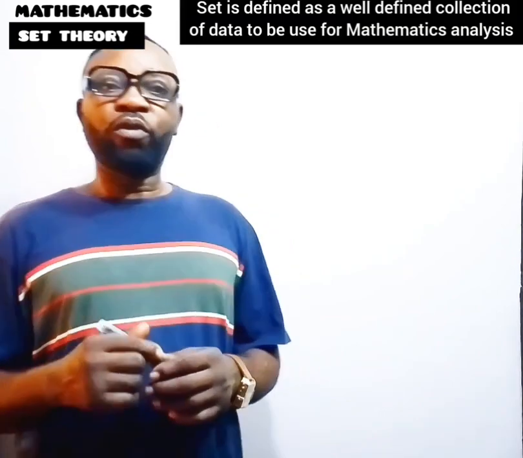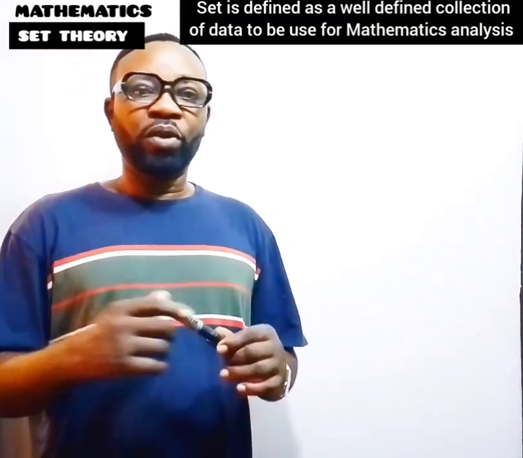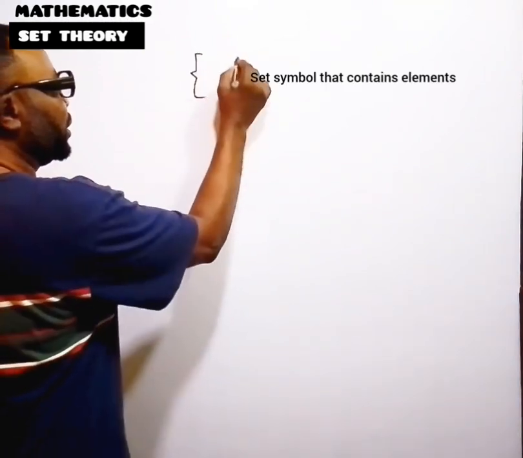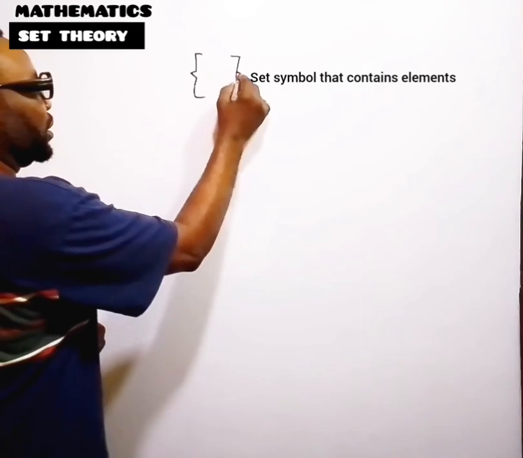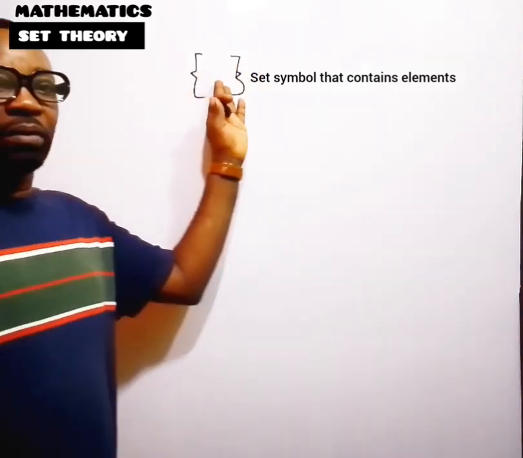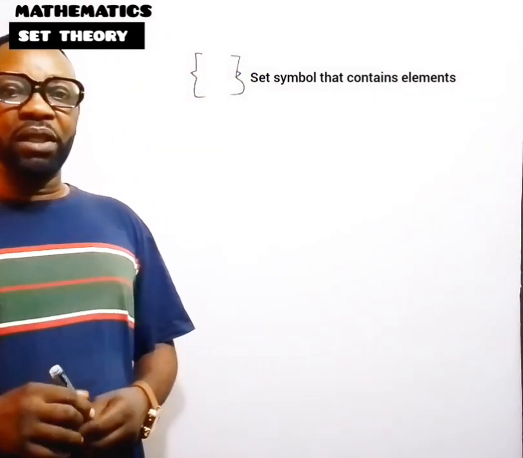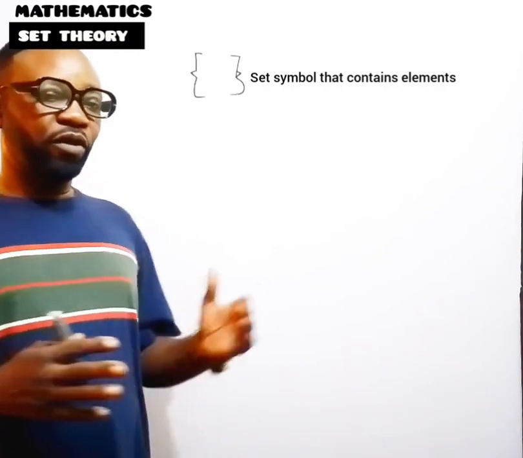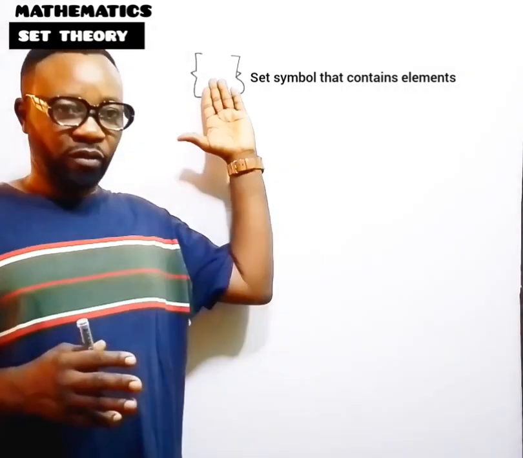In other words, for you to identify a set, you have to use this symbol to represent your set. This is the symbol you use in representing the set, and that is where all the set information will be enclosed.